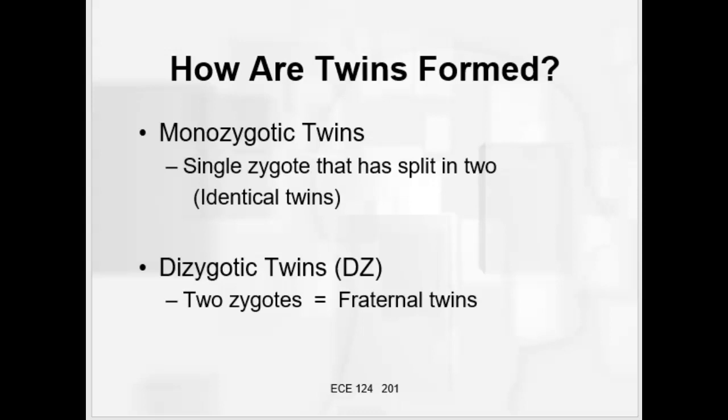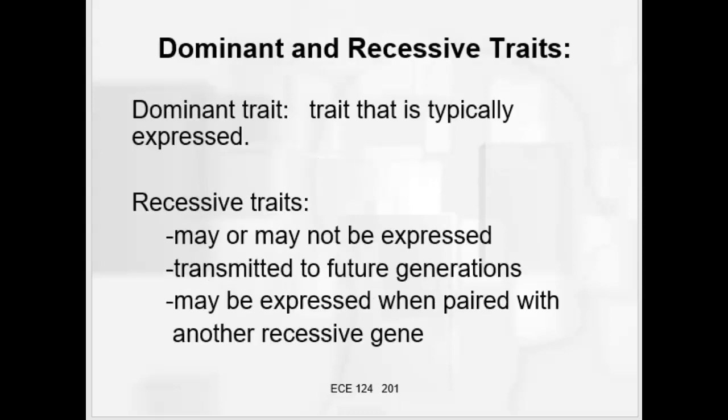With dizygotic twins, for some reason, two ovums were released, and they both got fertilized. So then you can have either two girls, two boys, or a boy and a girl. But these developing embryos that will develop into fetuses are going to be as different as siblings because they both have their own specific genetic makeup.